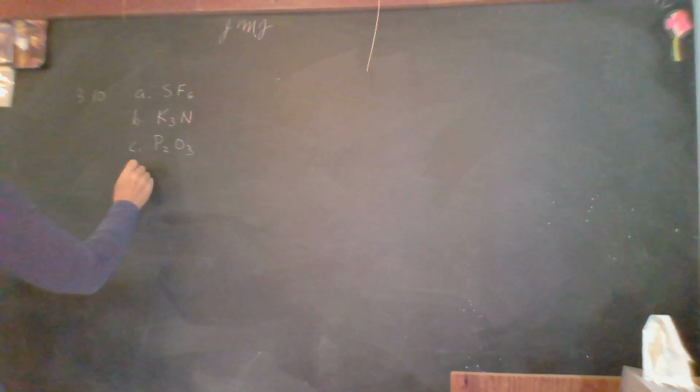SF6, K3N, letter C is P2O3, and letter D is CaCl2. Okay, so SF6 has sulfur and fluorine in it.